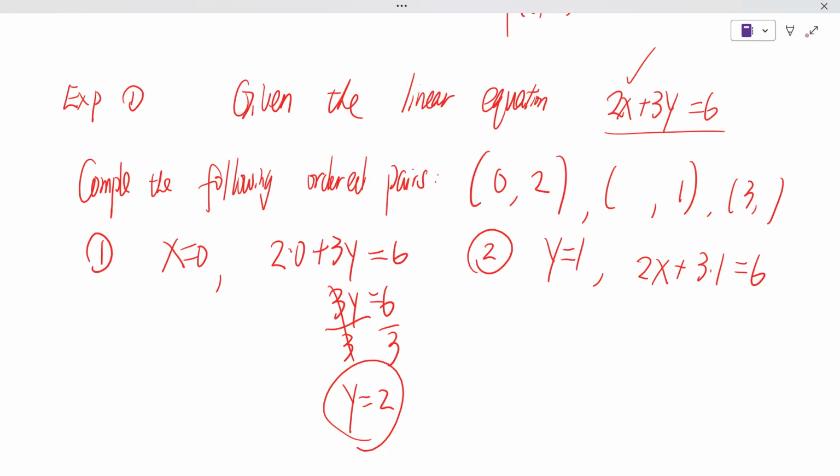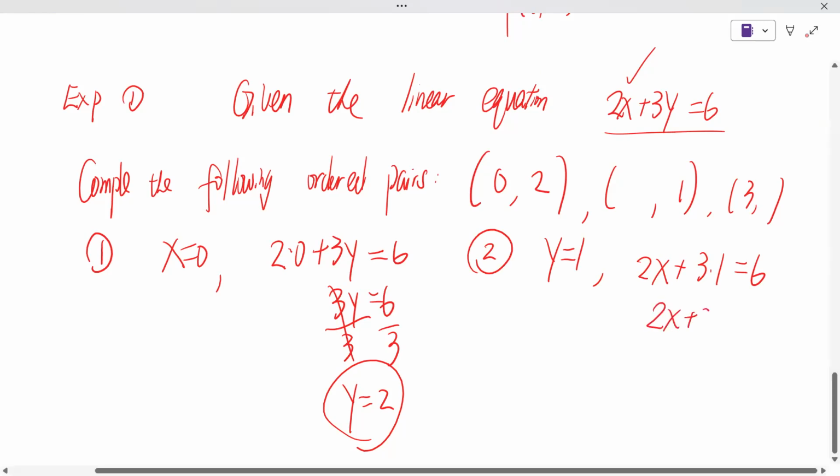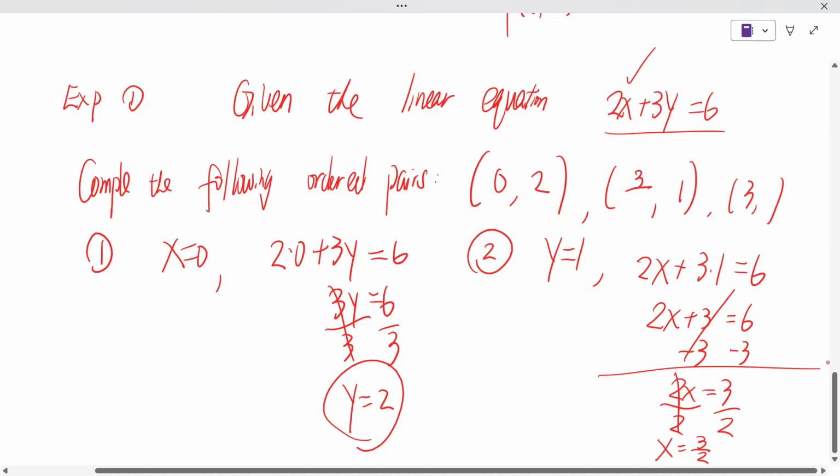Now from there, let's solve for x. 3 times 1 is 3, so 2x plus 3 equals 6. Subtract 3 from both sides of the equation. 2x equals 3. Right, and then divide both sides by 2. X equals 3 over 2, 1.5, right? So this is 3 over 2.